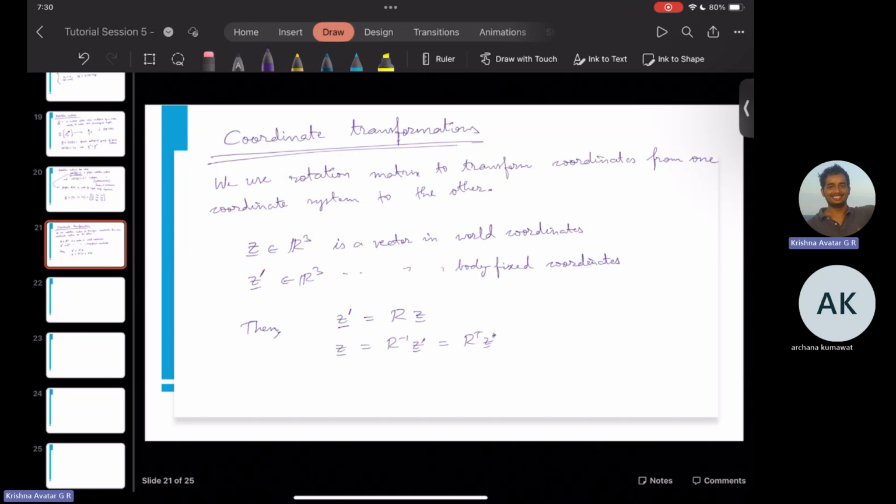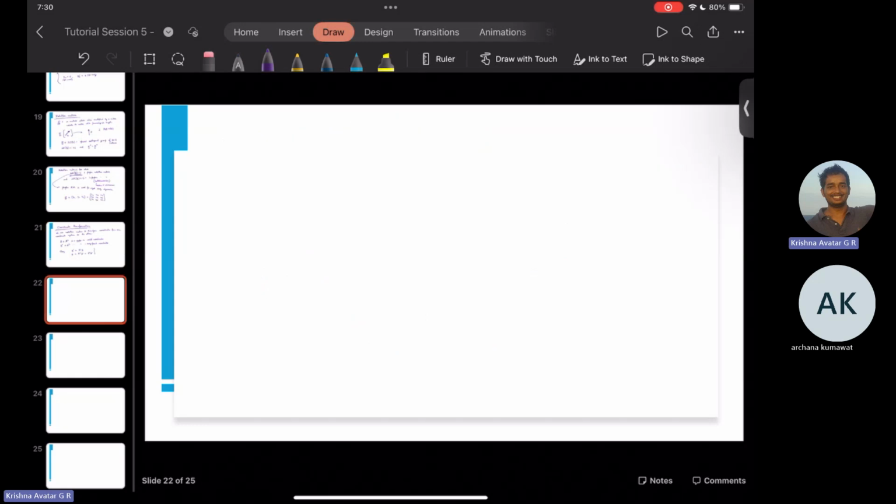So this is how we move from the representation in one coordinate frame to the other. This is for a vector.